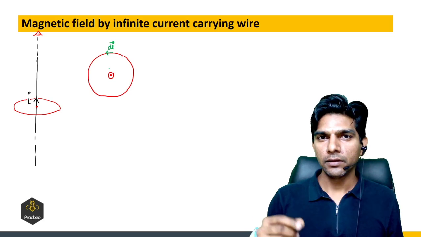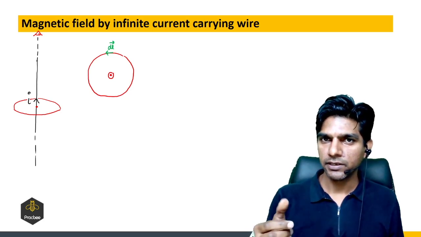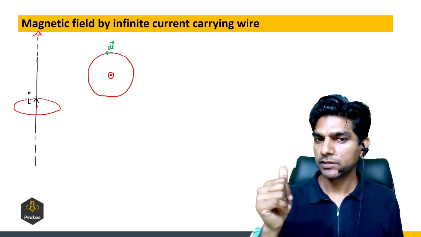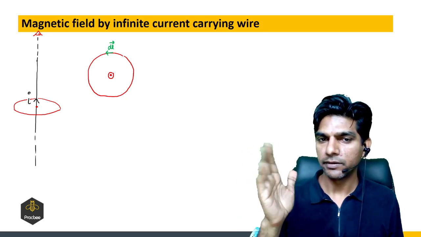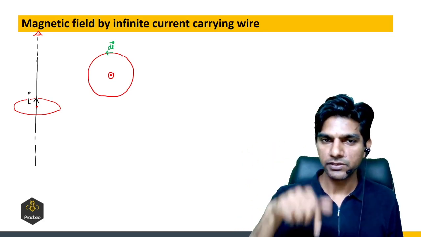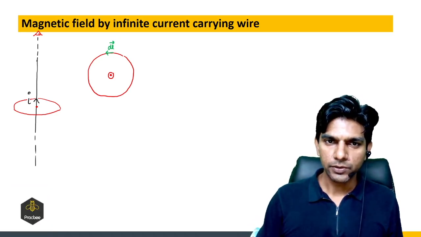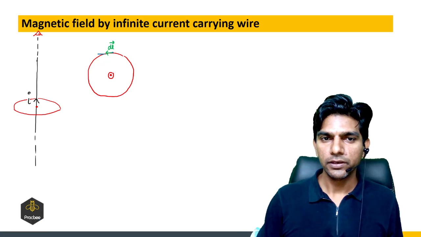In Oersted's experiment, we have seen that if there is a current carrying wire, then the magnetic field will be concentric circles. So in this case, the magnetic field will be concentric circles in the anti-clockwise direction. By symmetry, we can say at this particular point the magnetic field will be in the direction of the dl vector.